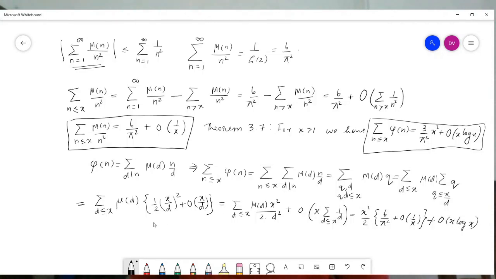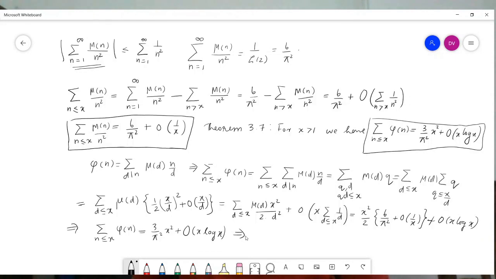Okay, so the partial sum summation n less than or equal to x of phi of n takes the form 3 by pi square x square plus O of x log x.